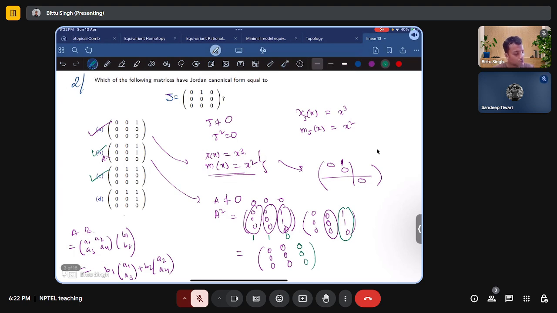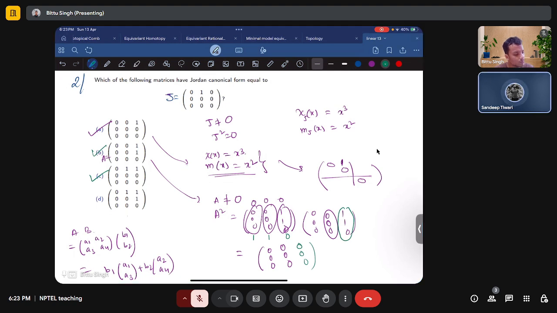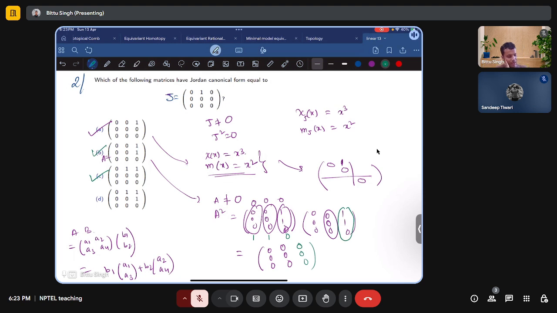Now what about the last one? The rank is not the same, so it cannot be the answer. You can also check that the rank of this matrix is actually 2, but similarity preserves rank, right?